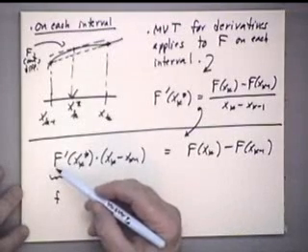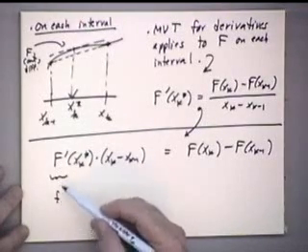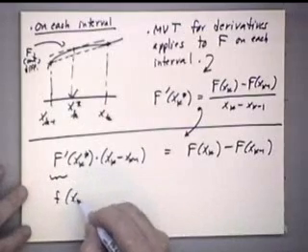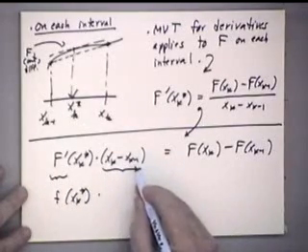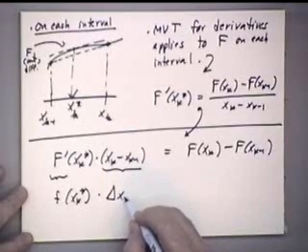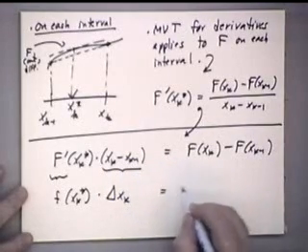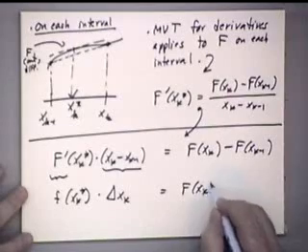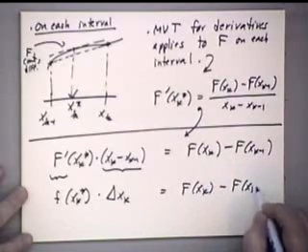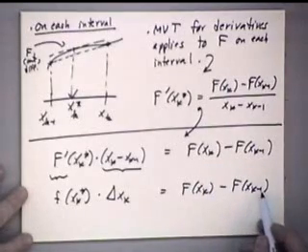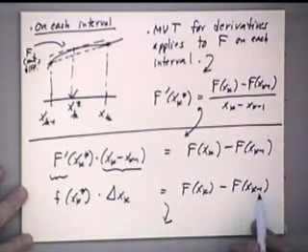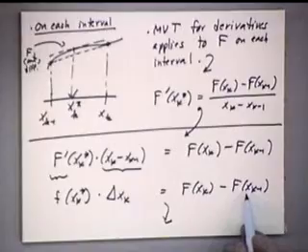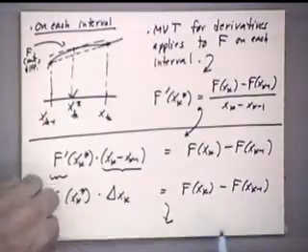Big F was designed to be an antiderivative of little f, so I can replace this here. I can also replace x k minus x k minus 1 because we're calling that delta x k. So that will be equal to the right-hand side here unchanged, big F of x k minus big F of x k minus 1. Now, we have one of these for each value of k. What we'll do next is we'll list them all vertically and add them up.